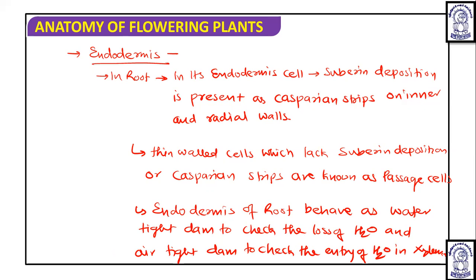So inward the air entry is prevented, and outside, towards the periphery, towards the outer side, the water loss is prevented by this endodermis.